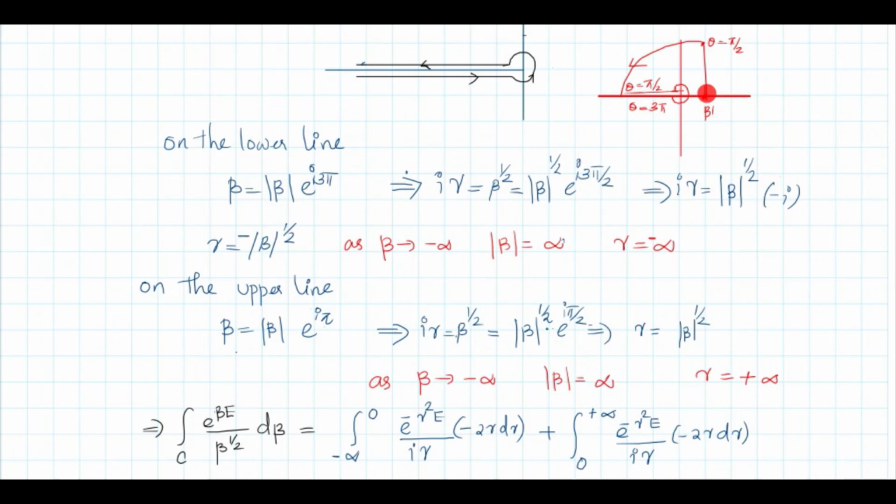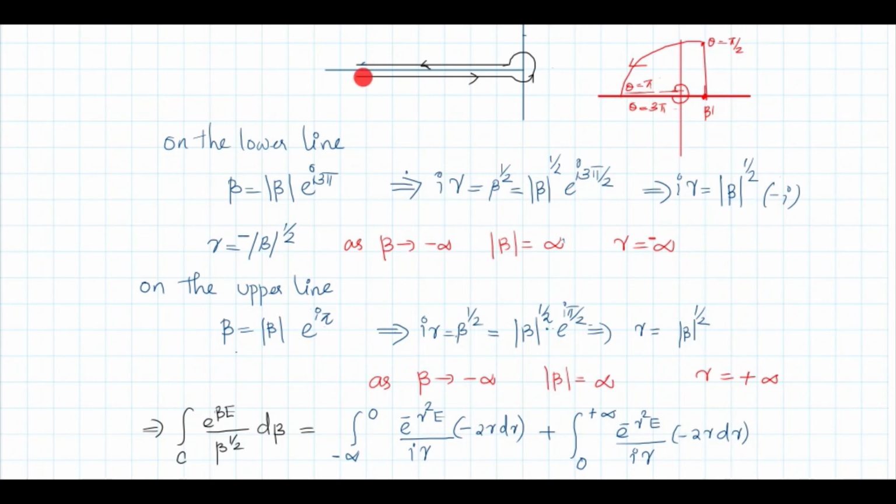So when you start from here, this is theta equal to pi by 2. You reach here, that will be theta equal to pi, and then along this line theta is always pi. When you encircle this origin through a closed loop, the 2 pi angle will increase, so this pi becomes 3 pi.